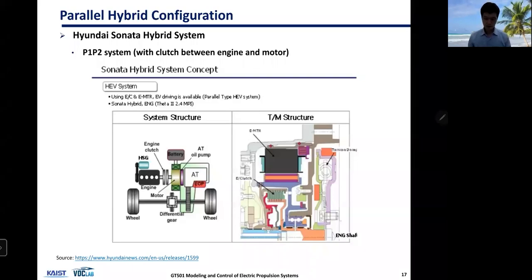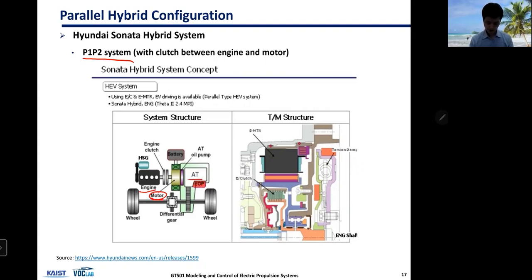So let's take a look at one type of parallel hybrid configuration, which is the Hyundai Sonata hybrid system. This one is, to be exact, a P1, P2 system. And that's because you have two motors. There's one traction motor between engine and transmission.